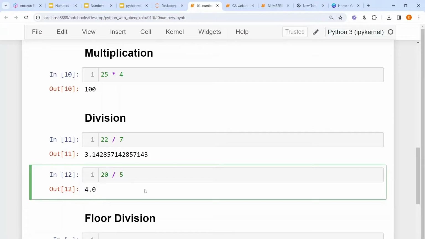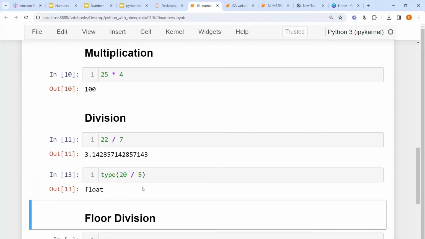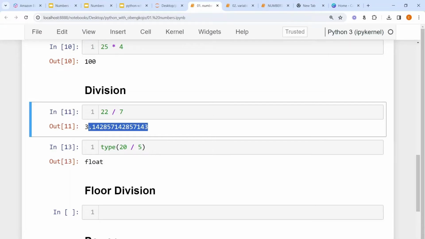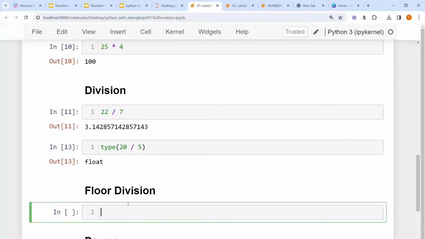If we decide to check the type of this and we run, we are going to get a floating point. So anytime we perform division, we get a floating point. Now, if we intend to get an integer, we use what we call the floor division. The floor division discards all the decimal values, that's the floating point values. So let's use the same thing on 22.